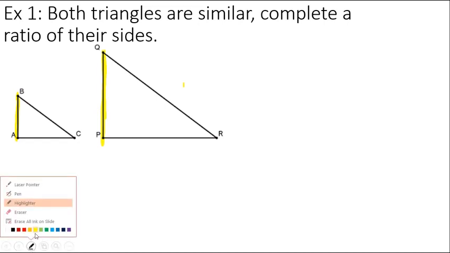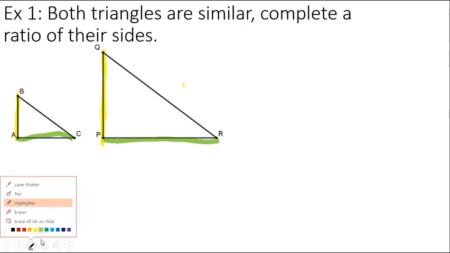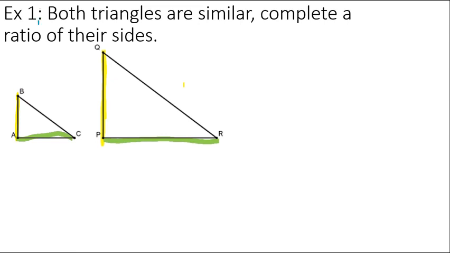All right, the next two sides that go together, we say side AC goes with side PR. And the third side that goes together, we say side BC goes with side QR.